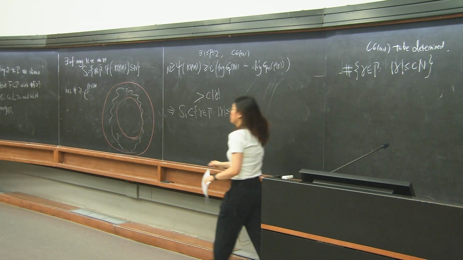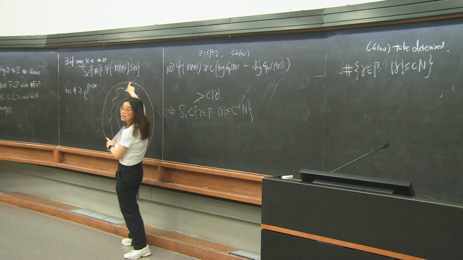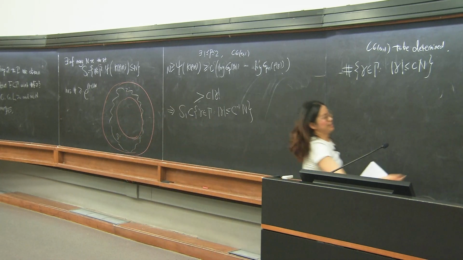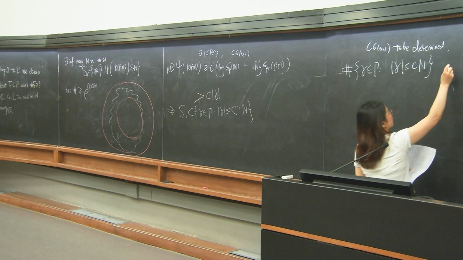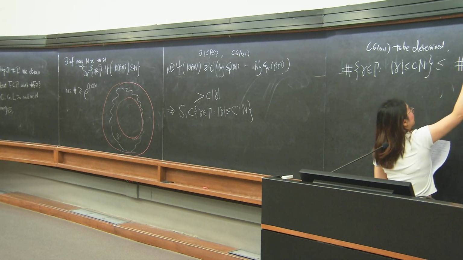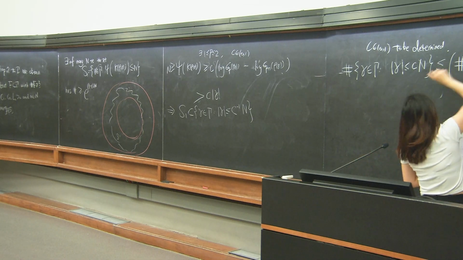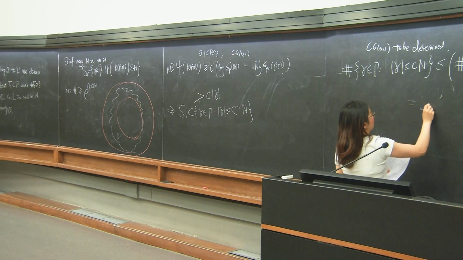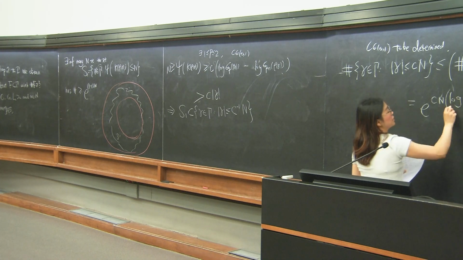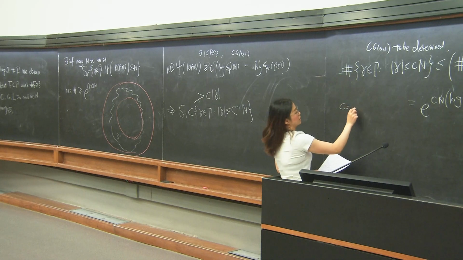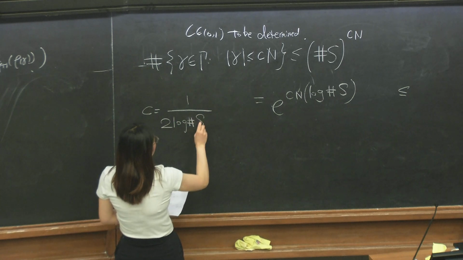Okay, and the point is that I want the cardinality in the annulus to be large, so I want an upper bound. A soft way to estimate this is to use the cardinality of the generator set raised to the power c n. So this is e to the c n log of the cardinality of S. A choice of c can be 1 over 2 log of this.